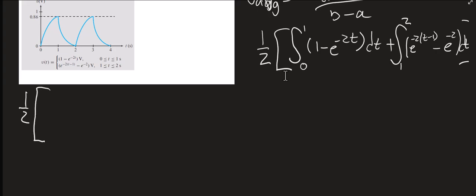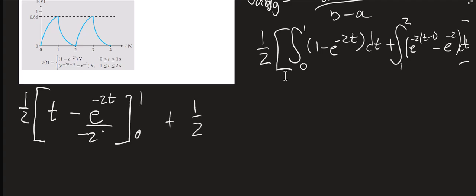So the integral of 1 is t minus the integral of e to the minus 2t, which is e to the minus 2t over negative 2, and evaluate that from 0 to 1.